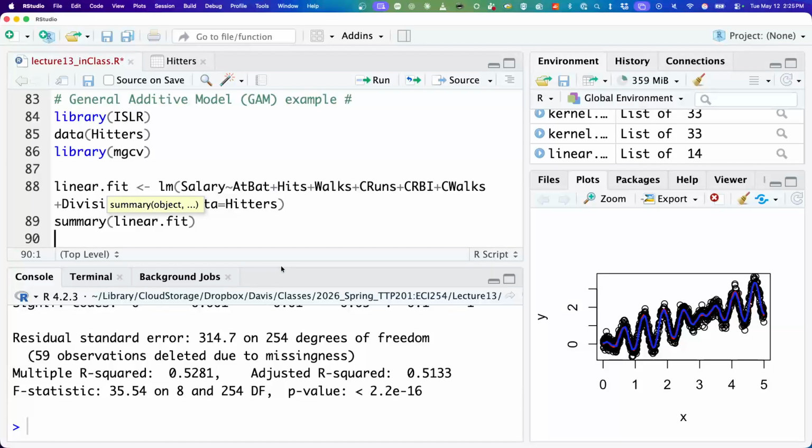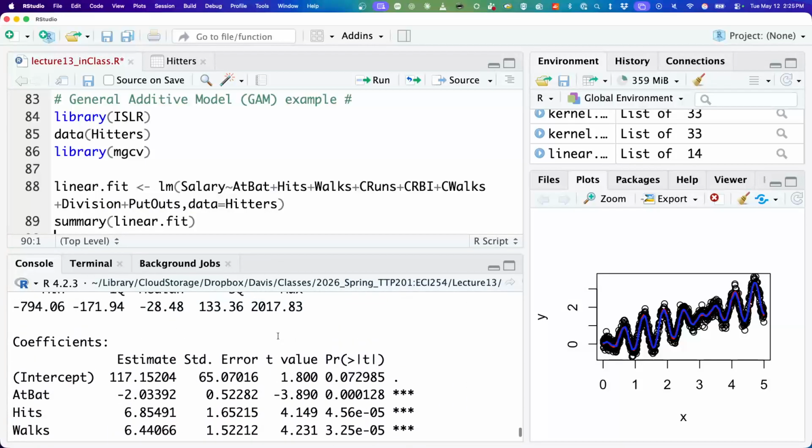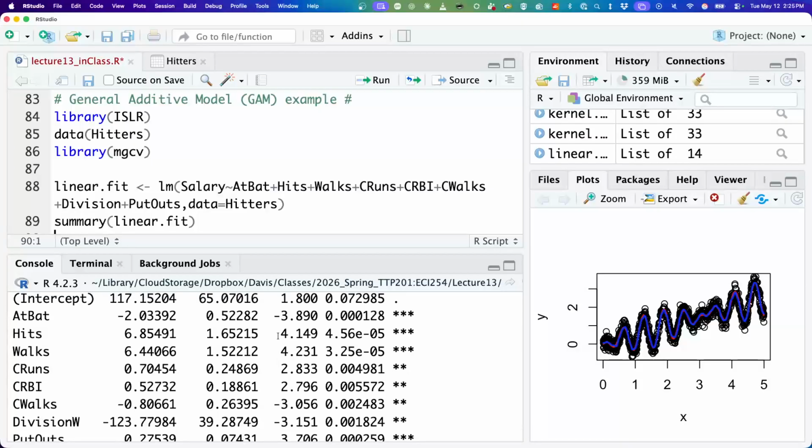And this will give us what we expect. A bunch of different variables, and these will tell us the relationship between each of these statistics and their salary in thousands of dollars. So at a base level, they would be expected to make $117,000 a year.